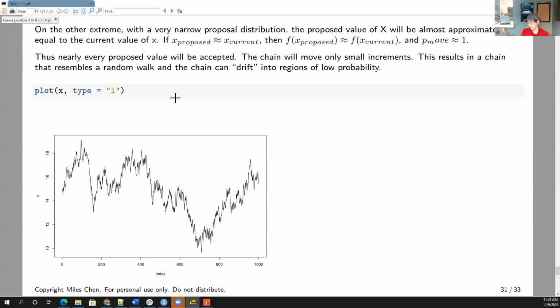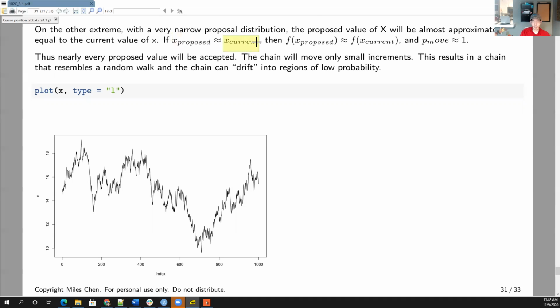And so what happens here? Now I get a chain that just goes all over the place. It looks like a random walk. The issue here is that if my proposal distribution is very narrow, then the proposed value is going to be pretty close to the current value, whatever it is.